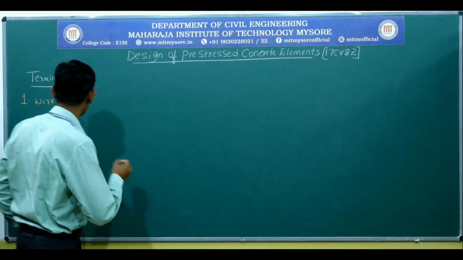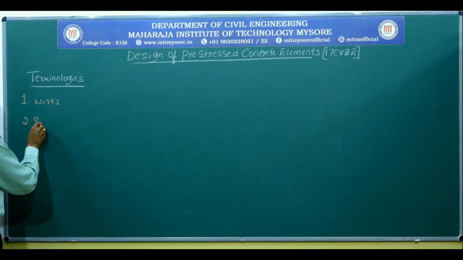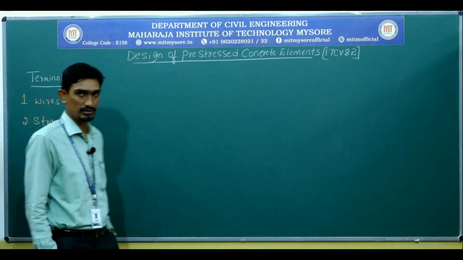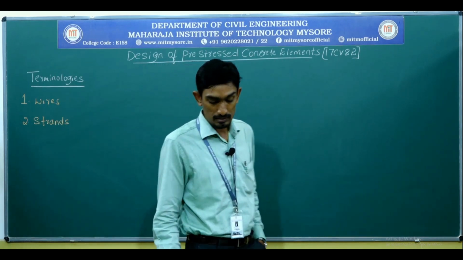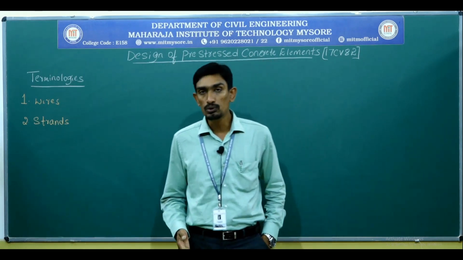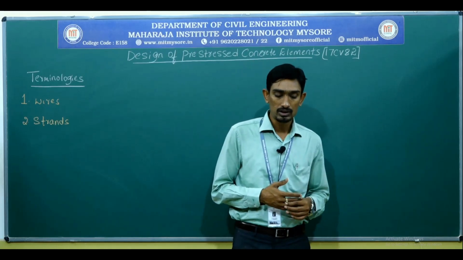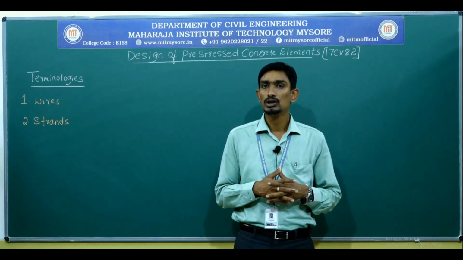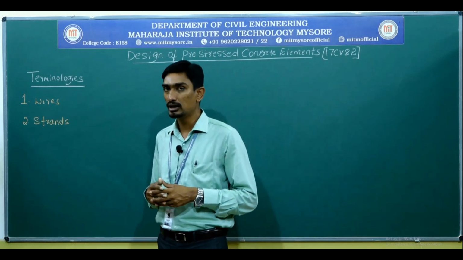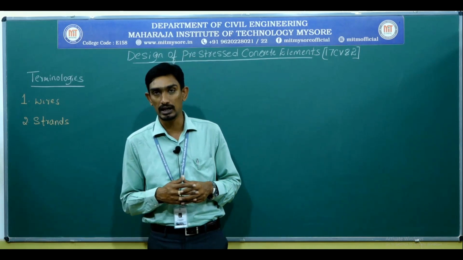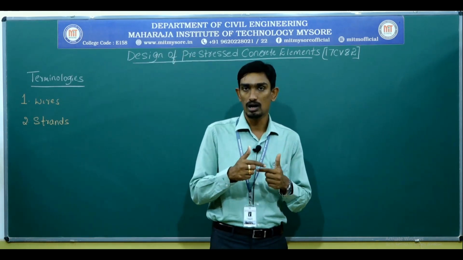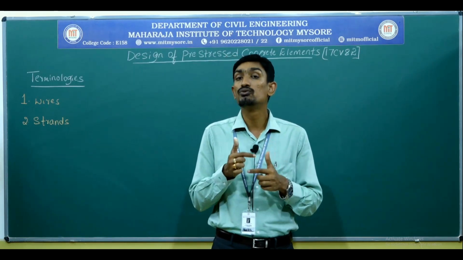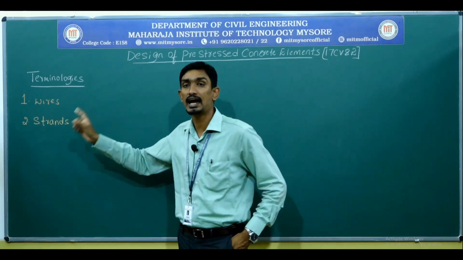Next, the second terminology is strands, S-T-R-A-N-D-S. So what is the meaning of strands? I will repeat: 2 numbers, 3 numbers, or 7 numbers of wires are wound, simply not joined, wound to form a single strand.